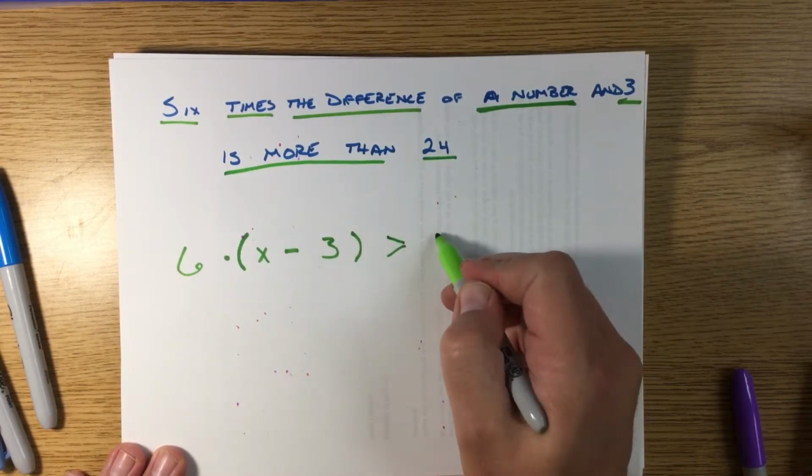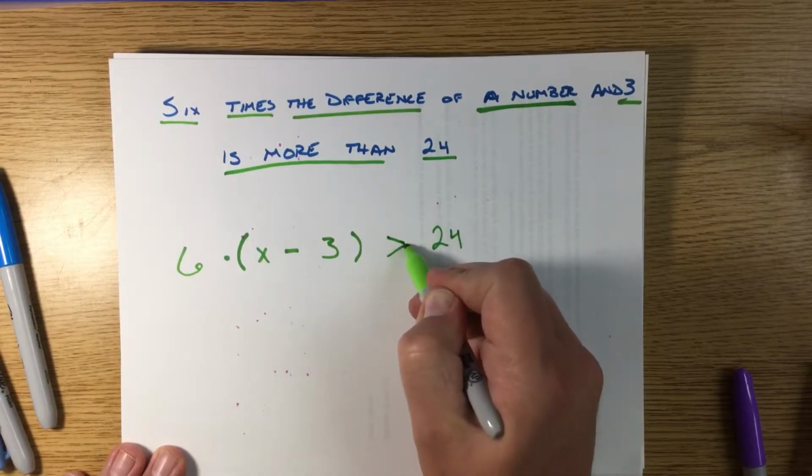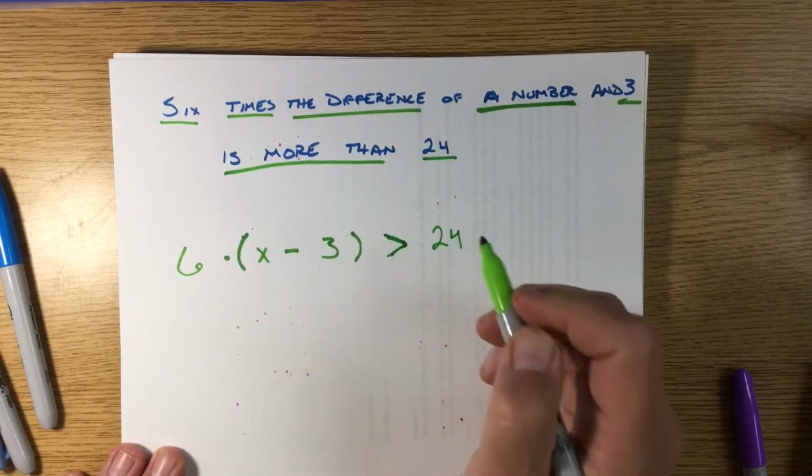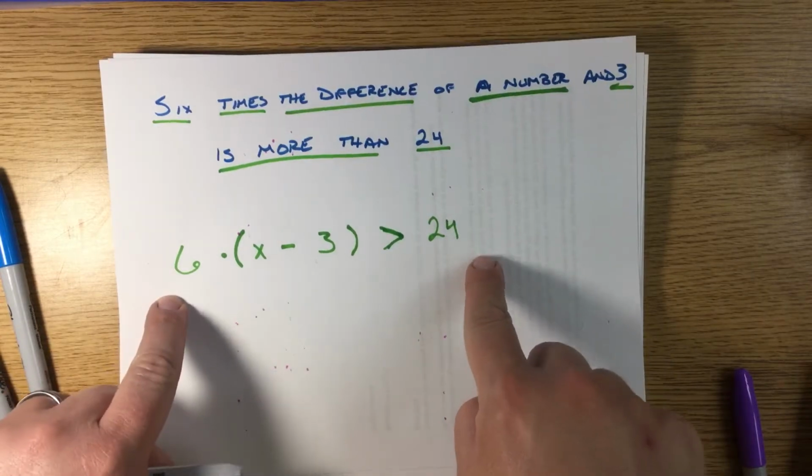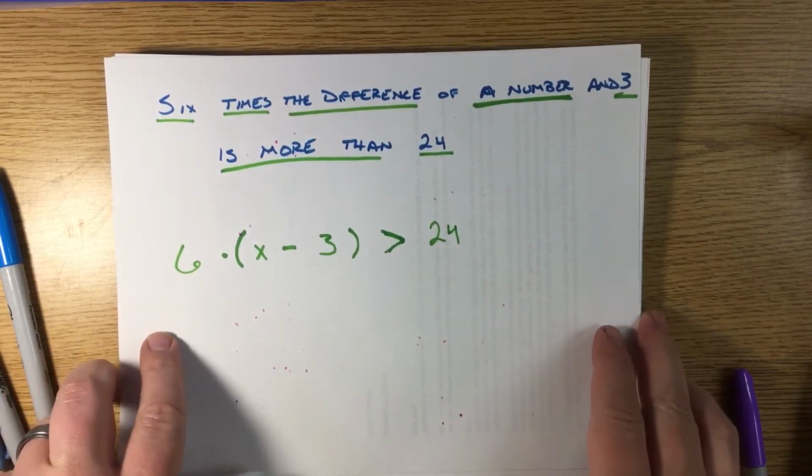And 24 is another easy one. So there we have it. Just by taking your time as you walk through it, pick apart every little piece that you can, and translate what the text is saying into math, math inequalities. That's what we need to do.